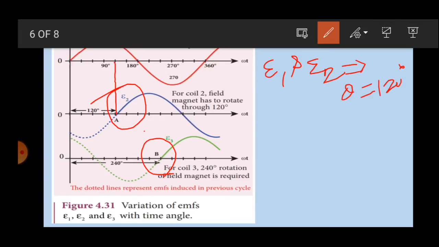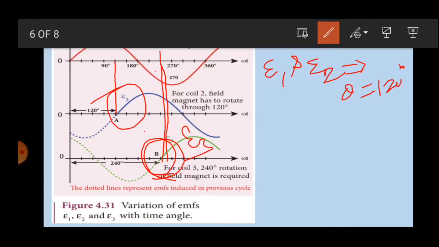This is the initial position, so what is the angle? This is the angle 240 degrees. So the cycle begins at point B, producing EMF E3 at an angle of 240 degrees from the initial position of the field magnet.